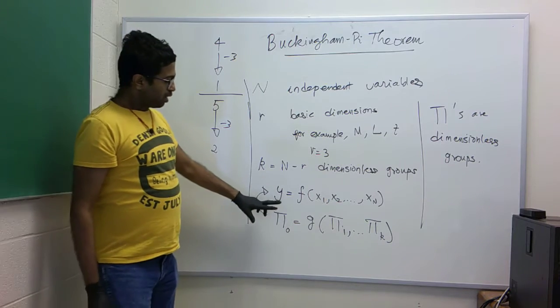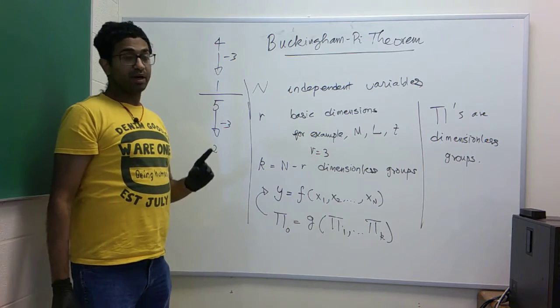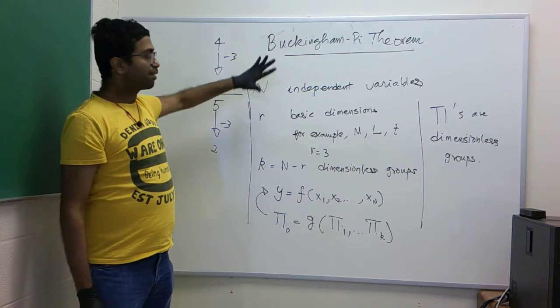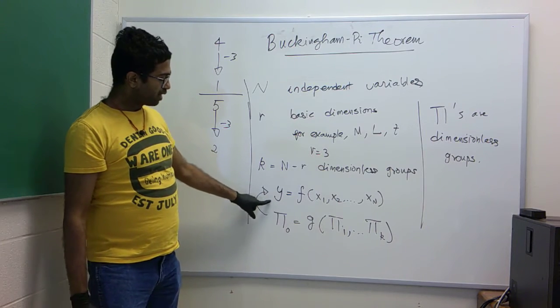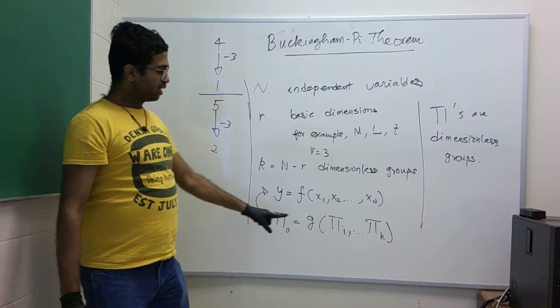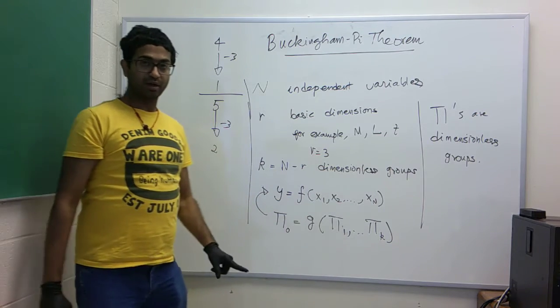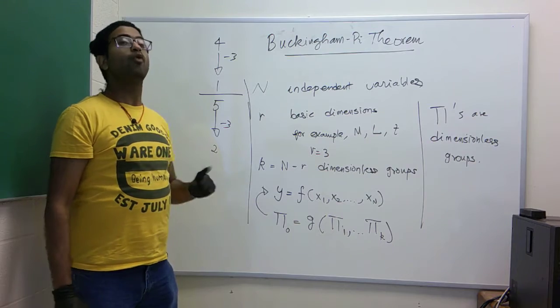The other important thing you should understand is that dimensional analysis just tells you that quantity pi naught depends on pi 1, pi 2, etc. It does not tell you how it depends.